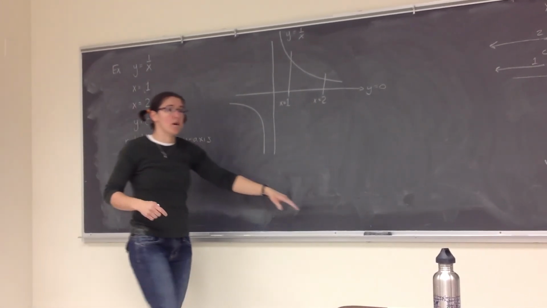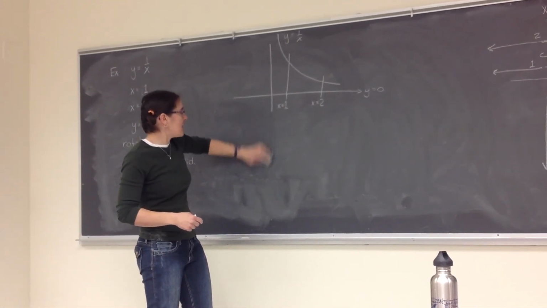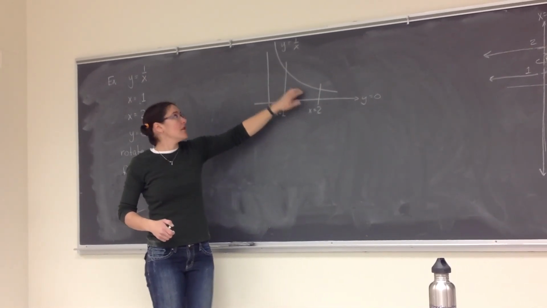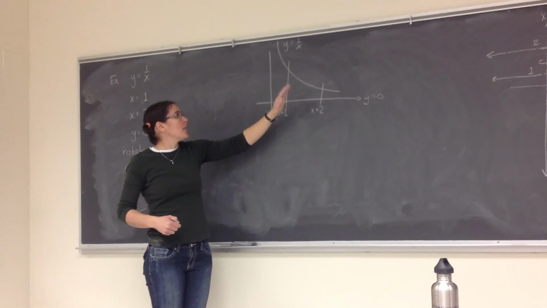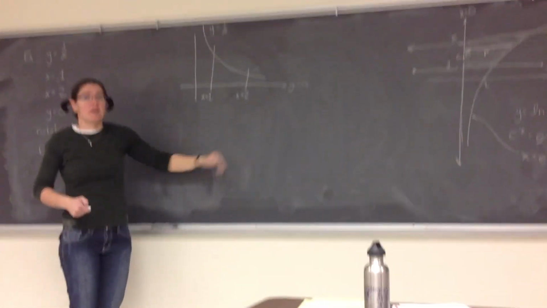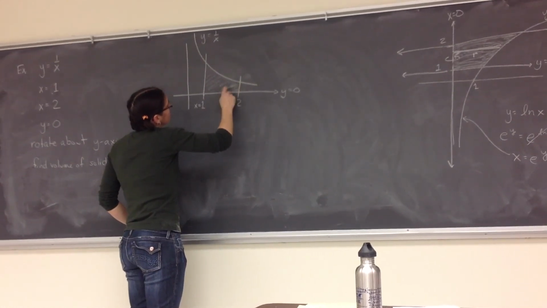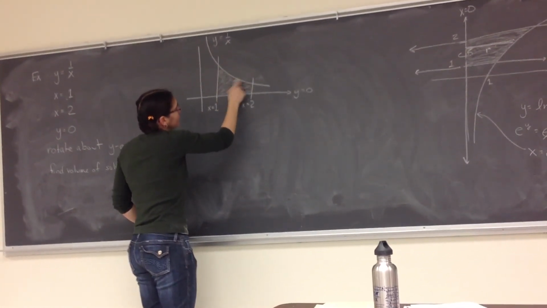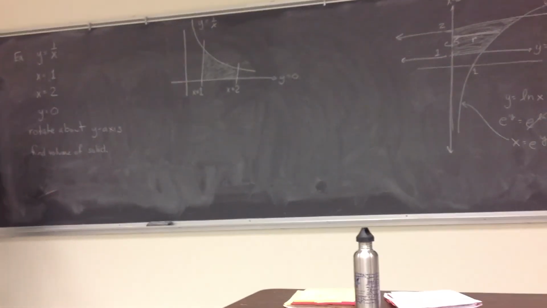So I'm not even going to worry about this part over here in quadrant 3. I can just go ahead and erase that. And it looks like the region that we're interested in is this region right here where the top of it is 1 over x, the bottom is y equals 0, and then the left and the right are x equals 1 and x equals 2. All right, so there's our region. Any questions about the region itself?